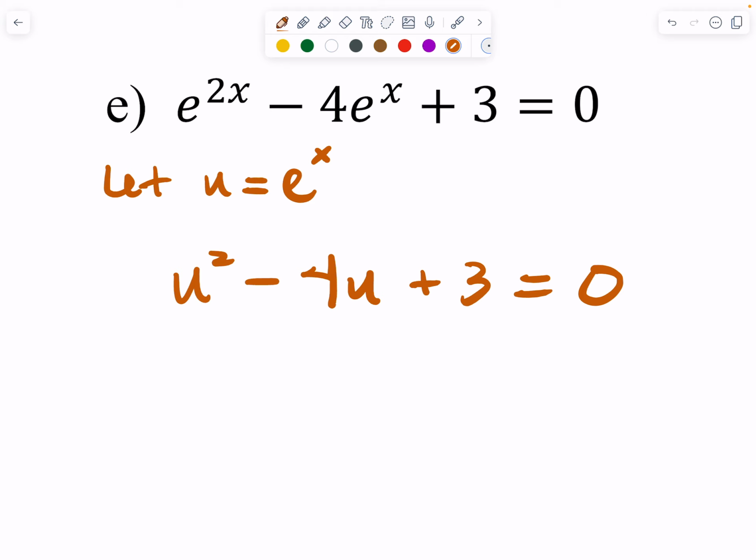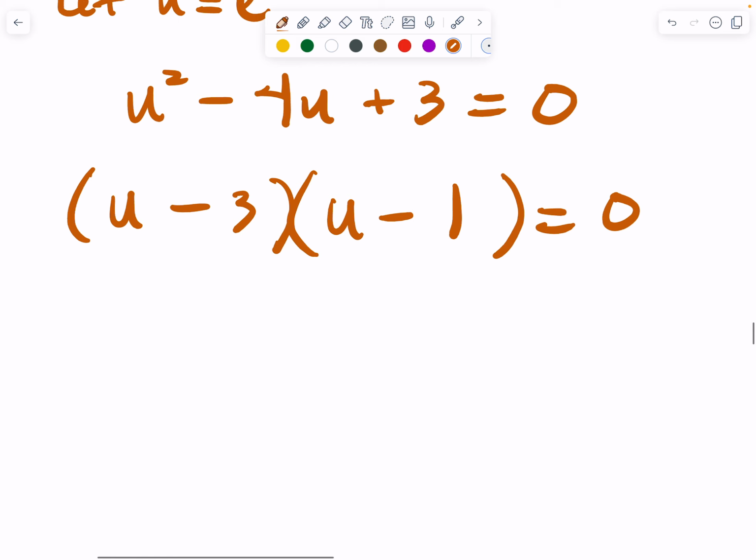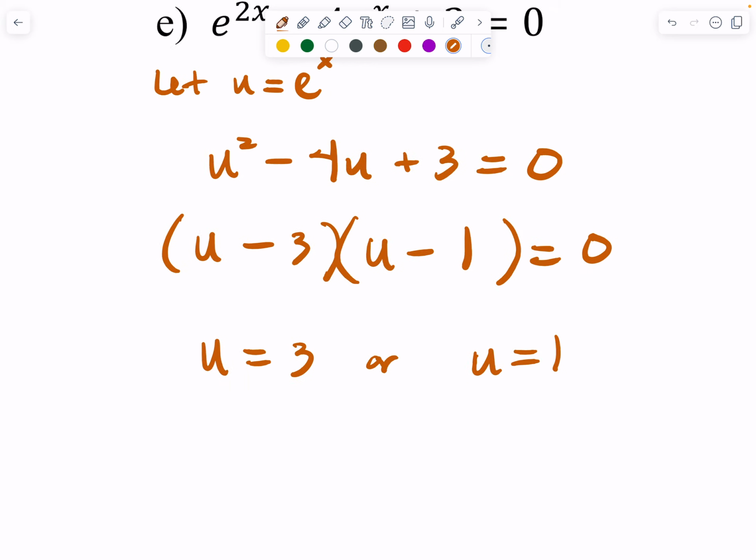So from here, we're like, oh, well, I know how to factor this, right? That would be U minus 3 times U minus 1. And then by the zero product property, that would be U equals 3 or U equals 1. We're not done though. So now we're at the point where we can substitute e to the x back in. So we'd have e to the x equals 3 or e to the x equals 1.